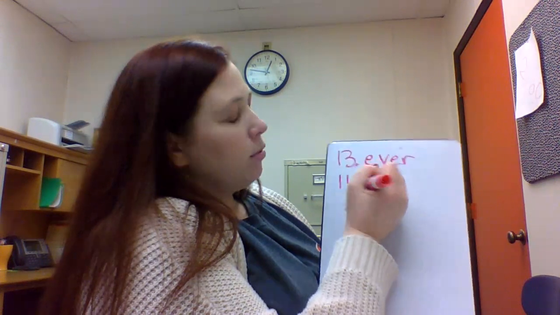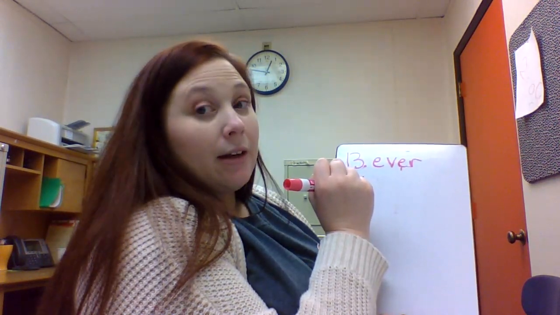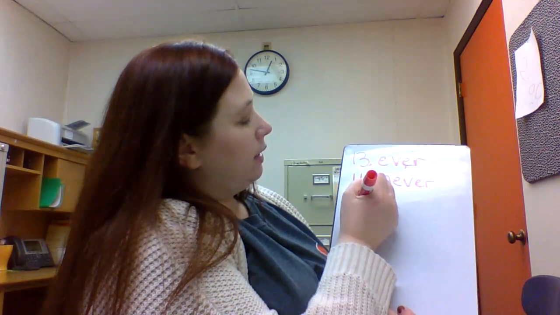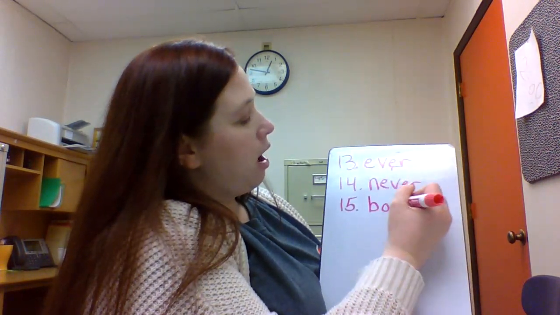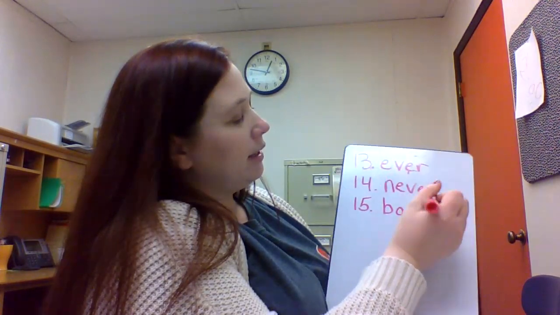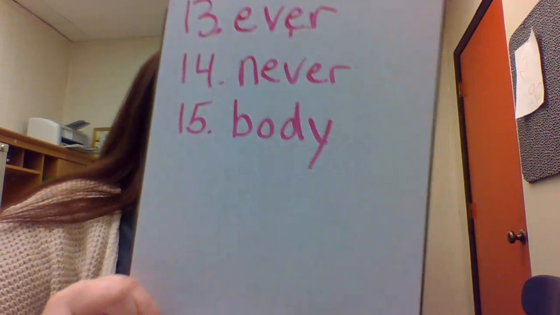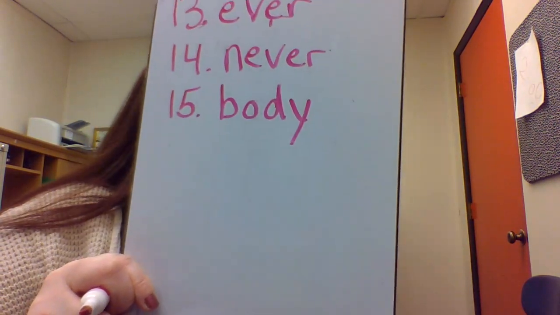So that's how we spell it with the accent like that. Number 14 is never, very similar to ever, but with an N at the beginning. Number 15, we're going to spell body. B-O-D, and then that E at the end is the Y. All right, make sure you have those three, and then we're going to move on and code our words.